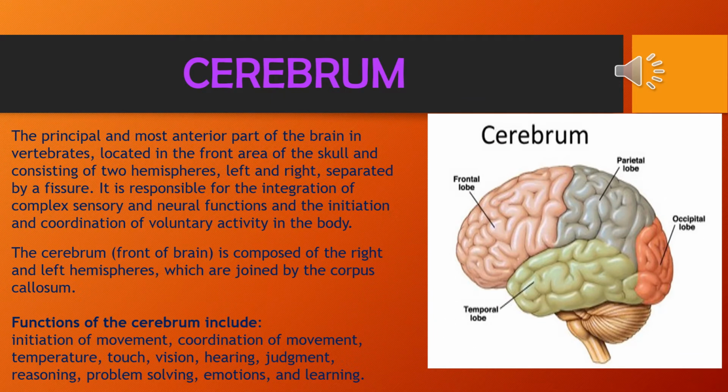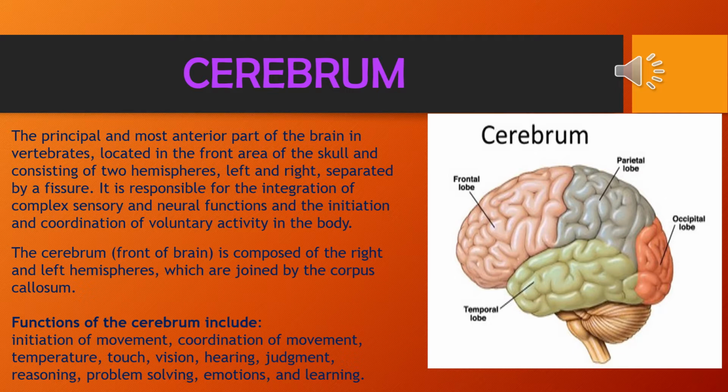Now I am discussing cerebrum, the principal and most anterior part of the brain in vertebrates, located in the front area of the skull and consisting of two hemispheres, that means two halves, left and right, separated by a fissure. It is responsible for the integration of complex sensory and neural functions and the initiation and coordination of voluntary activity in the body.